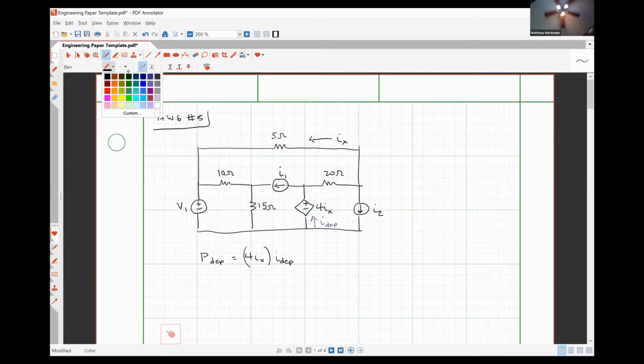Well, I would argue that if we apply Kirchhoff's current law at this node, I dependent will simply equal this current plus this current. Okay. So for the sake of argument, let's call this VA, VB, VC. This would be 4ix.